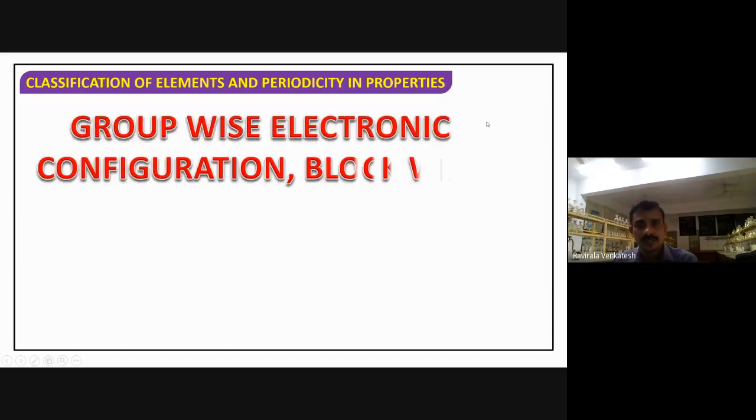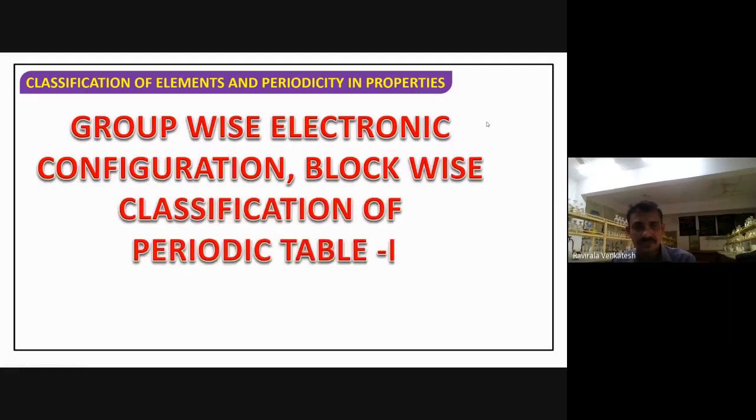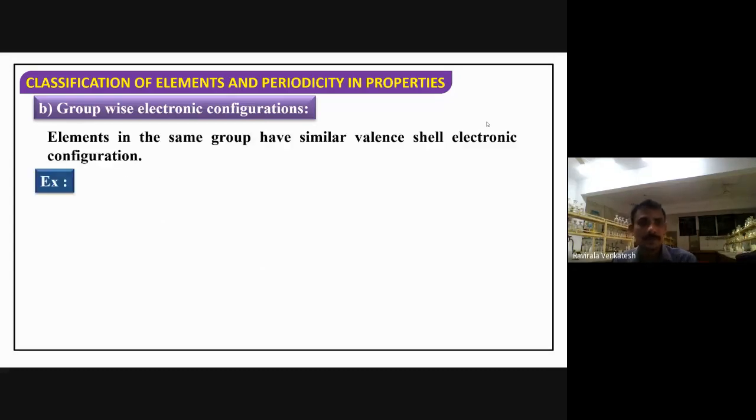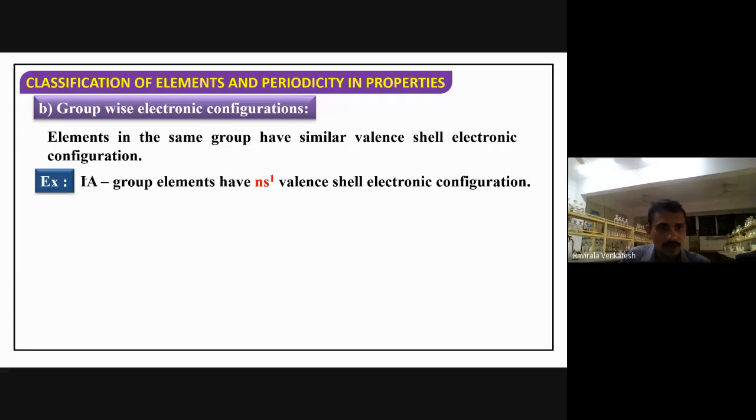Electronic configuration, block-wise classification. Let me see now. If you observe here, the first group, 1A, according to the Mendeleev periodic table, the configuration will be ns1. If you take any element in the 1A group, they will have ns1 configuration.